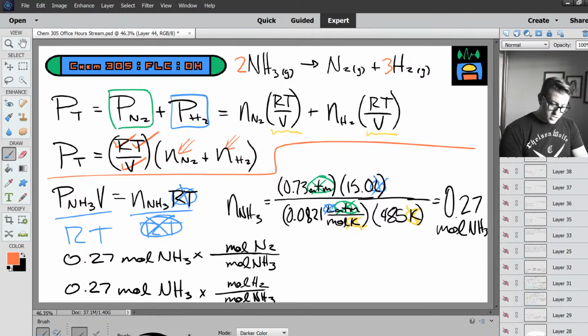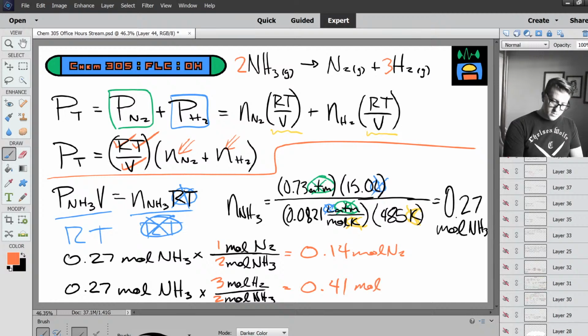For N2, 2 moles of ammonia produce 1 mole of N2. For hydrogen, 2 moles of ammonia produce 3 moles of H2. So 0.27 divided by 2 is 0.14 moles of nitrogen. 0.27 divided by 2 times 3 is 0.41 moles of H2. And now you'll notice we have everything we need to solve for our total pressure.